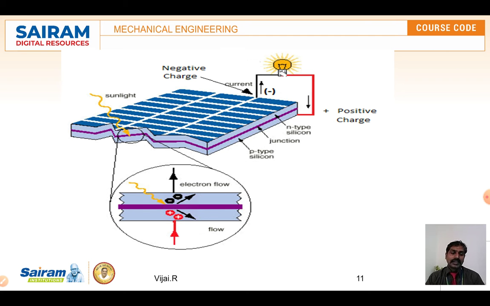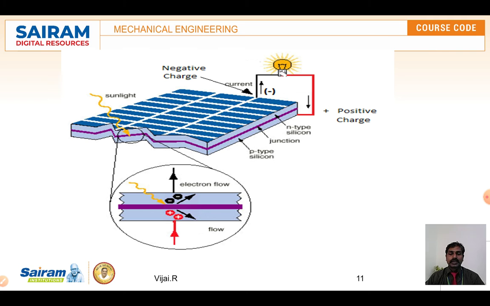So there is a junction between the n-type and p-type, which we call a p-n junction. There the flow of electrons will occur when the light rays fall on the plate. When it falls on the upper side, you can see that an EMF is automatically produced.